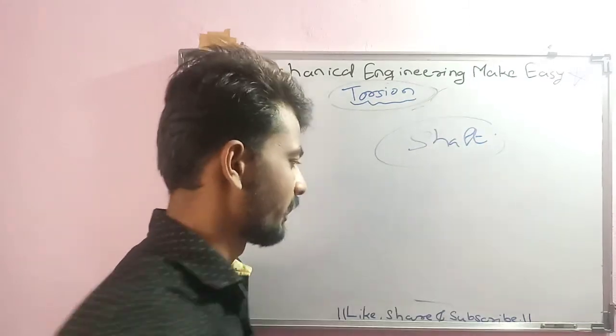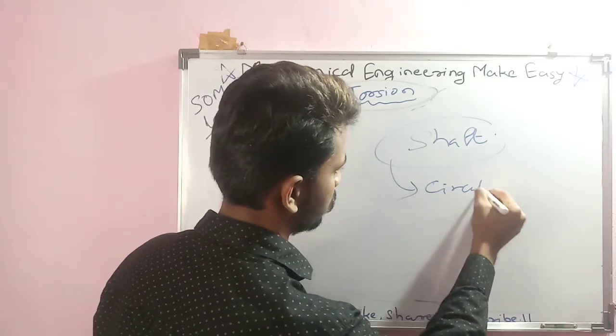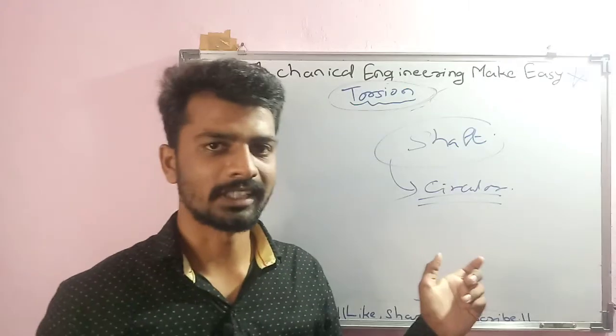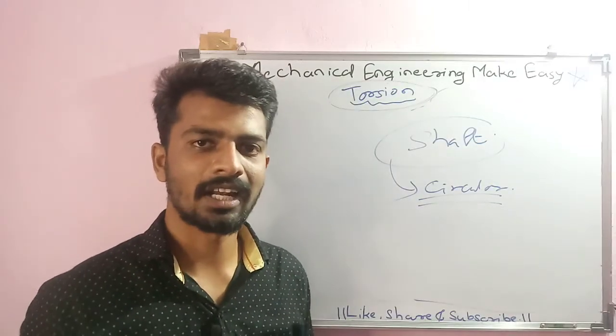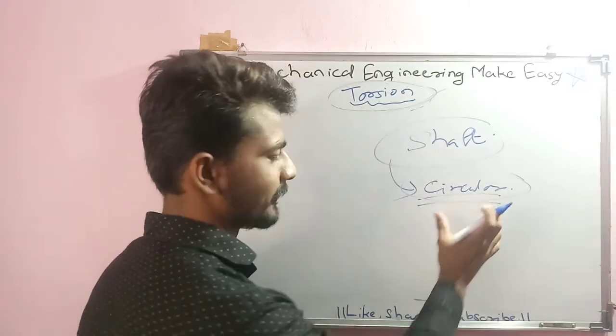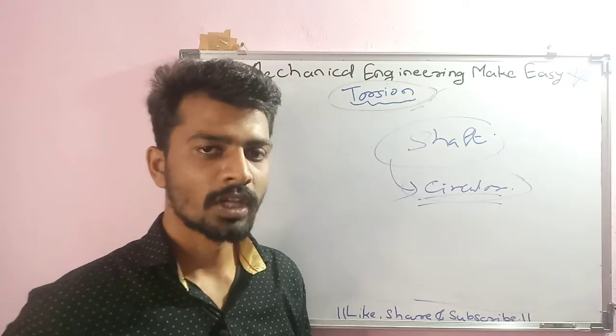That shaft will be circular in section. For design we always consider the shaft in circular section. We will not consider any C channel or rectangular shape. This is one consideration that always applies in practice.